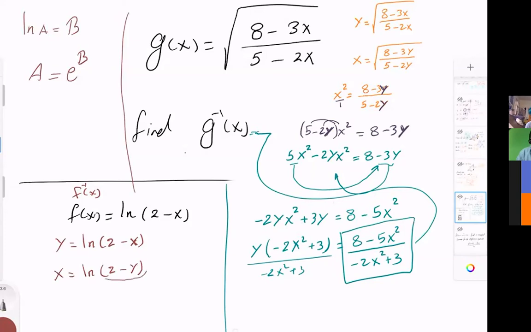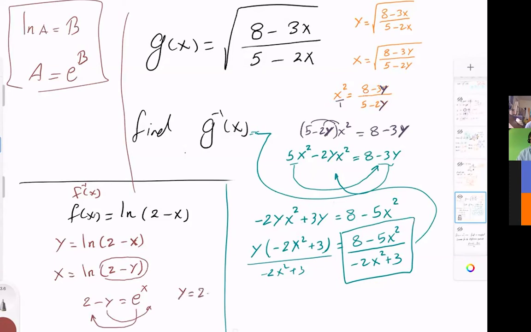So this is my a, so it's going to be 2 minus y equals e to the power of x, applying the exponent rule. Then I'm looking for y. I'm going to bring y to this side and this guy to the other side. So it's going to be y equals 2 minus e to the power of x.